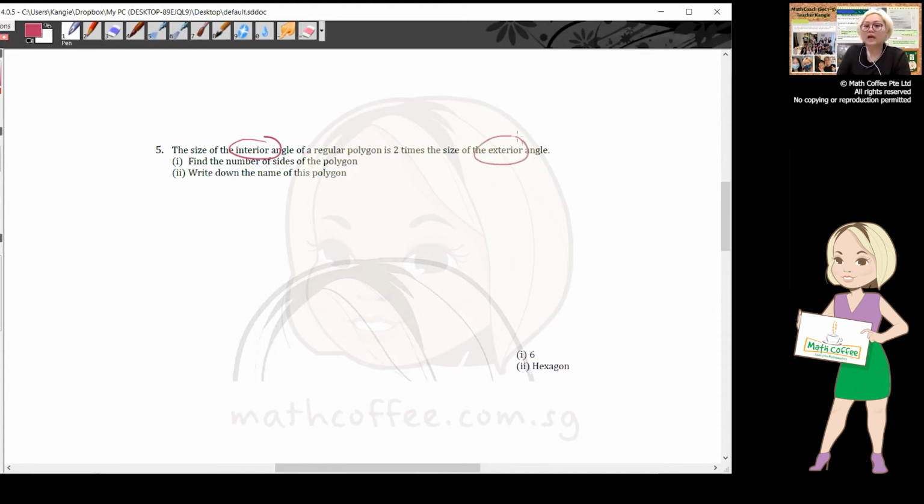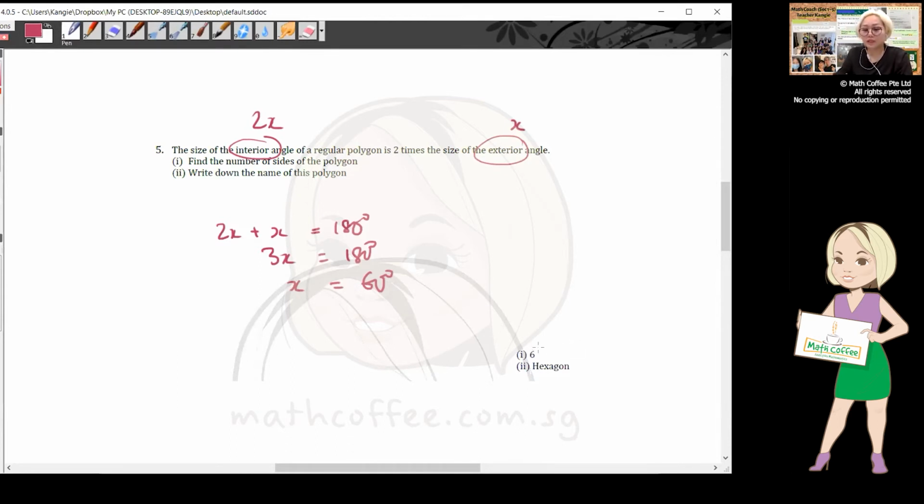So I will let the exterior angle be x. So the interior angle is 2 times, meaning it's 2x. Agree? And remember, interior plus exterior angle is on a straight line, so it's 180 degrees. So you take 2x plus x, 1 interior plus 1 exterior, equals 180 degrees. So 3x equals 180 degrees, so my x is equal to 60 degrees.